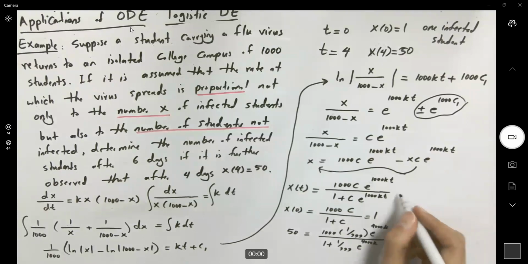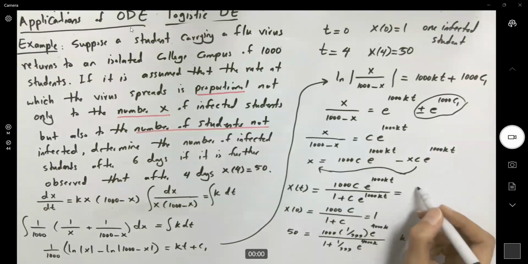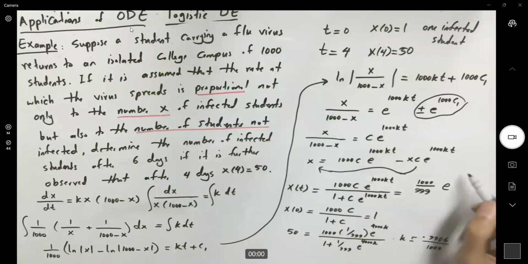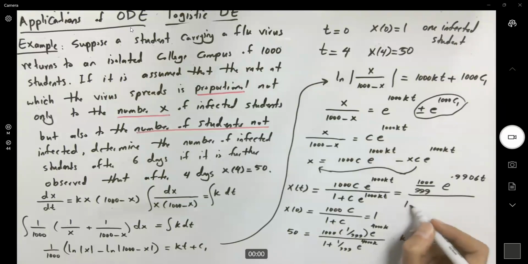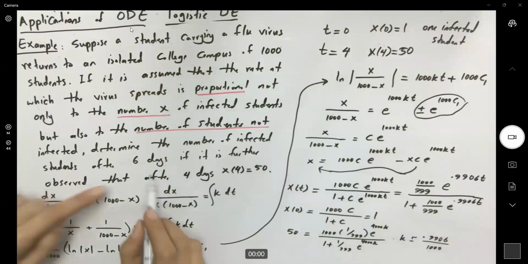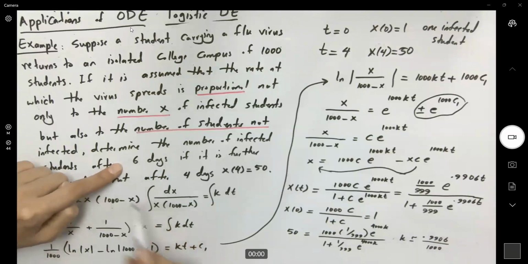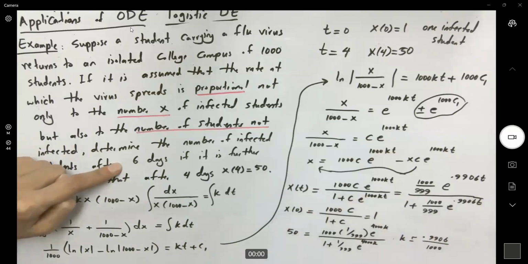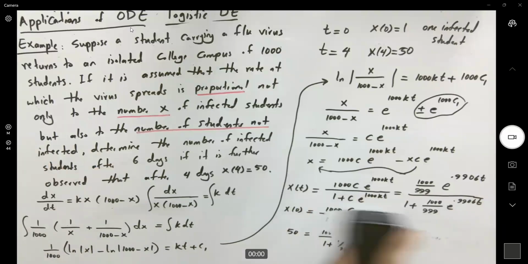So we can write this as 1,000 divided by 999 e to the power 0.9906t divided by 1 plus 1,000 over 999 e to the power 0.9906t. This is the model that we have. So now the question says, after 6 days, it means that wherever we see t, we're going to substitute that by 6.